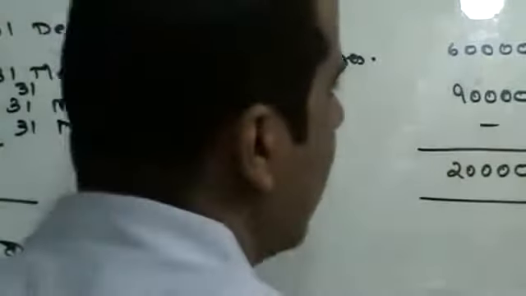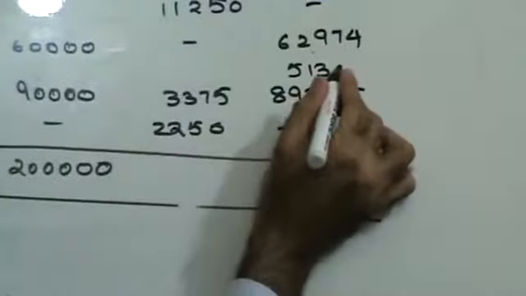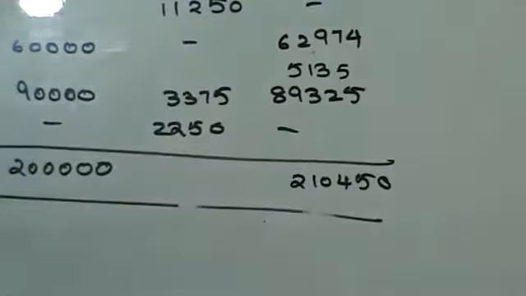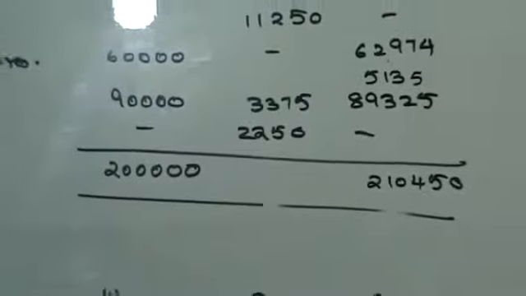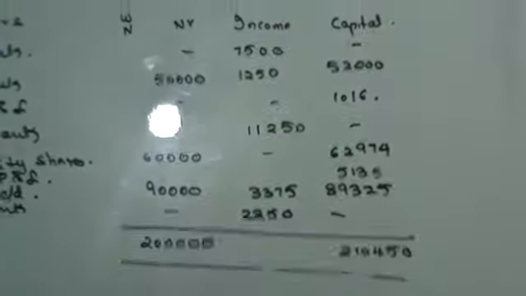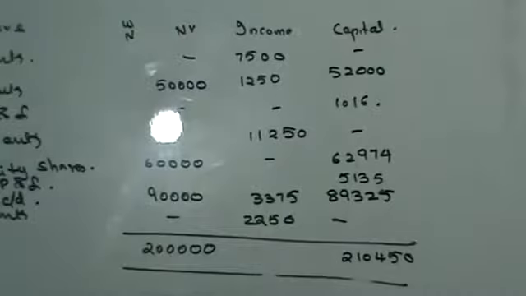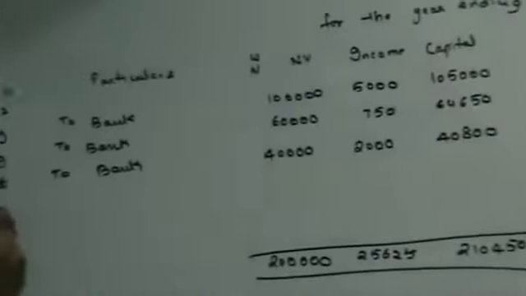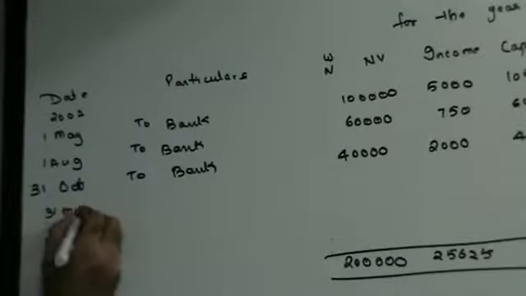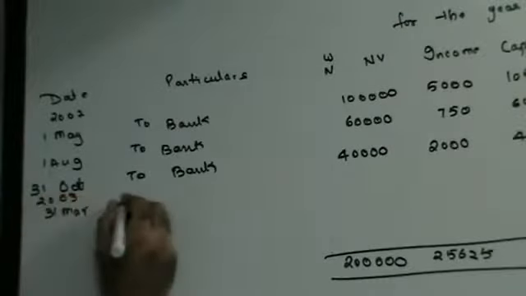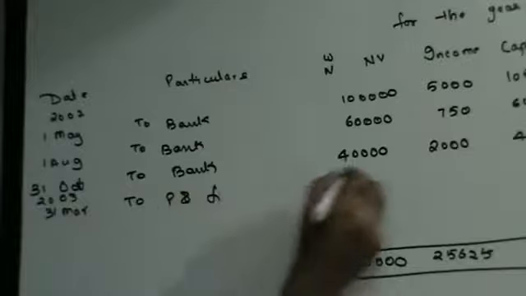That is the loss I'm incurring, 5135. Now someone please add the credit side of income. 25,625. Difference, 31st March, to P&L. How much is the difference, guys? 17,875.